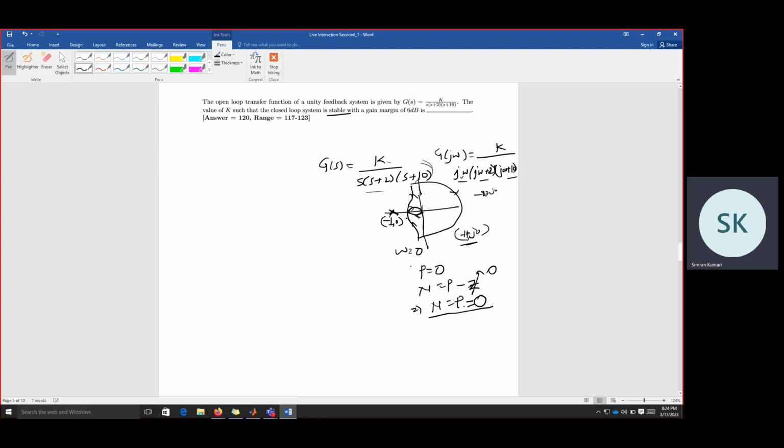It says the gain margin of the system is 6 dB. What is the value of K?